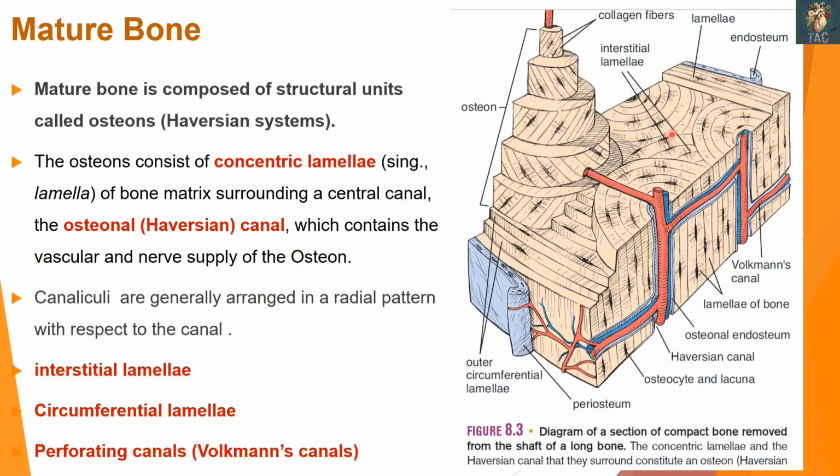Then the circumferential lamellae, the outer circumferential just beneath the periosteum, and the inner circumferential lamellae which is closer to the endosteum. Then we have the perforating canals or the Volkmann canals, through which the two osteonal systems are connected to each other.